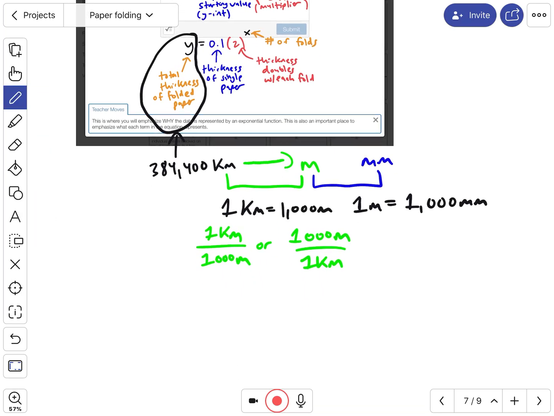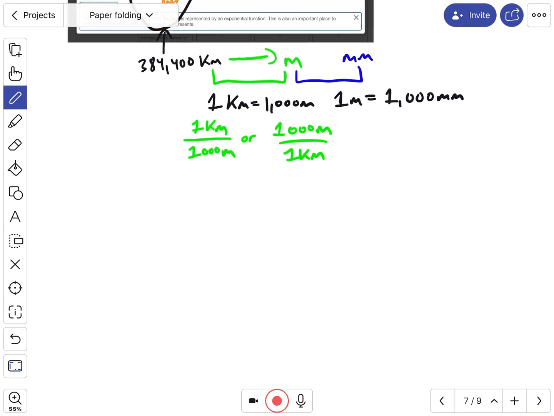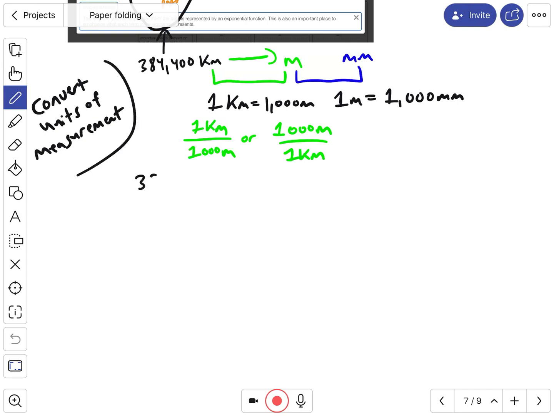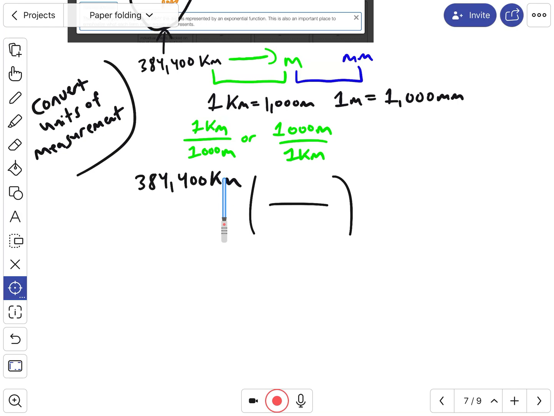Okay, so we're going to convert units of measurement. You need to cancel out the kilometers. In order to do that, we're going to multiply by a fraction such that the kilometers cancels out.